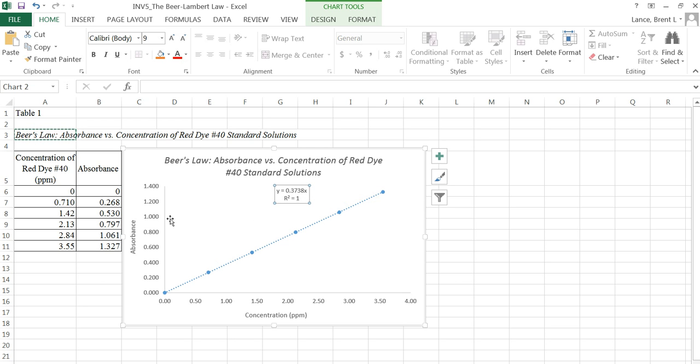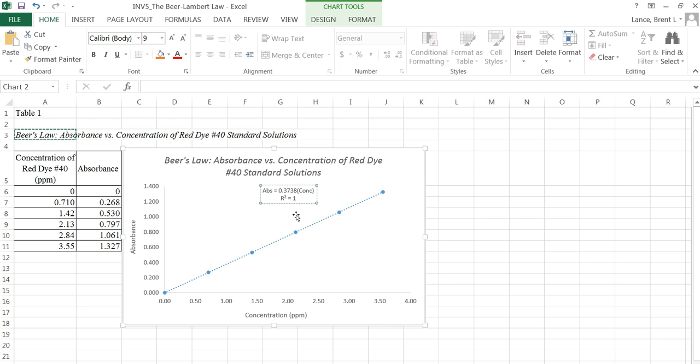This is the equation that describes that increase. The only thing I want you to do with that is, instead of saying just Y, I want you to actually say absorbance. You can just put ABS. And then for X, instead of just having X there, put parentheses concentration. And you can just put CONC.